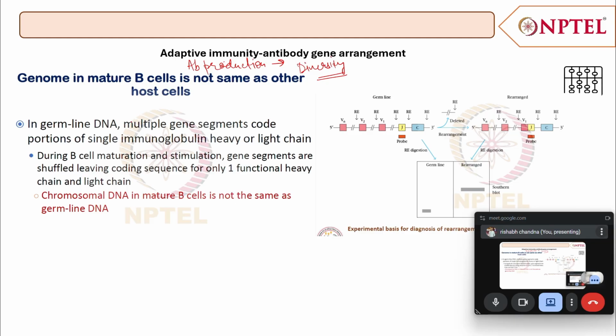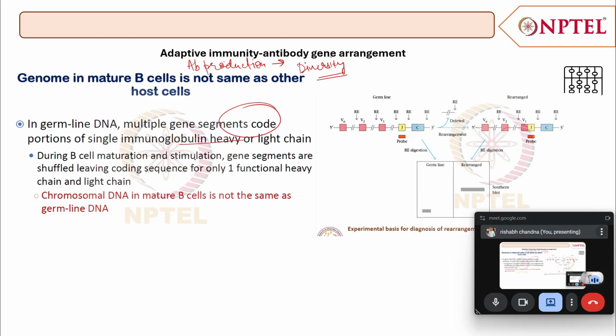So, in germline DNA, there are multiple gene sequences that code for portions of a single immunoglobulin heavy or light chain.